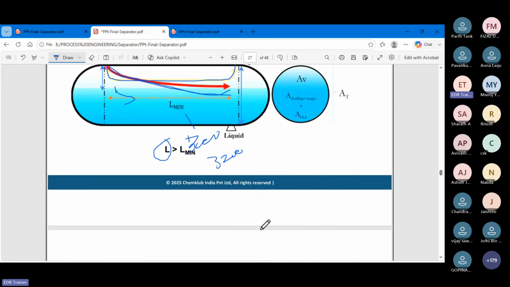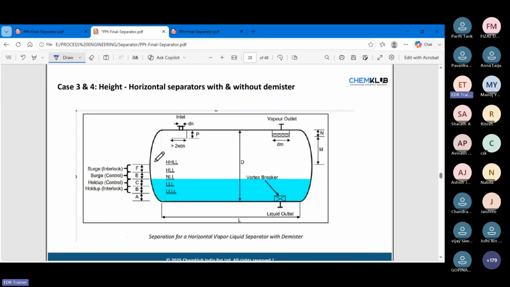Okay, so here is the hold up section or hold up interlock, and this is the interlock for the bottom pump. This is the interlock from the top, which comes from X place, right? And this is the bottom for the downstream.